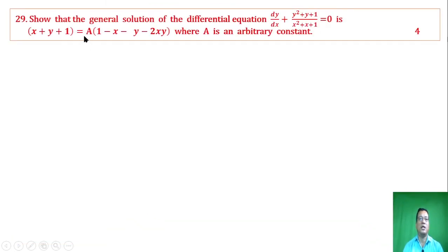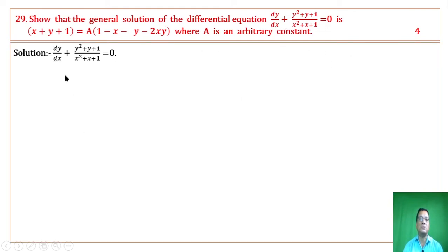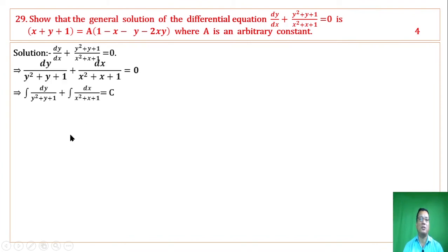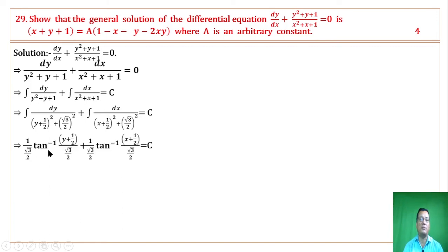29. Show that the general solution of the differential equation this is this, where a is an arbitrary constant. 4 marks. Apply separation of variables. We have this, integrating both sides and adding the arbitrary constant c, which can be put in this form, whose integral is 1 by a tan inverse of x by a.